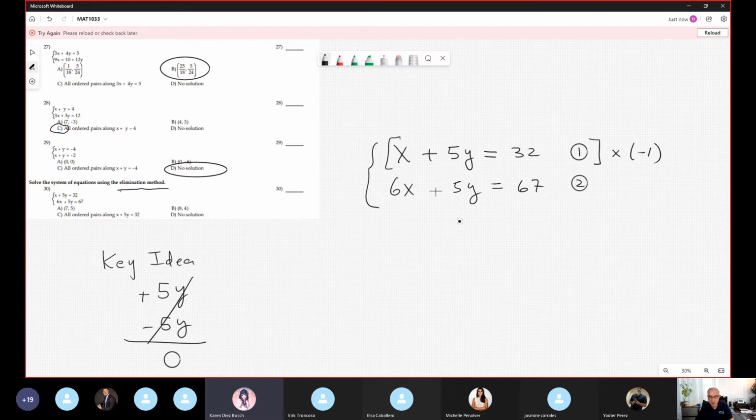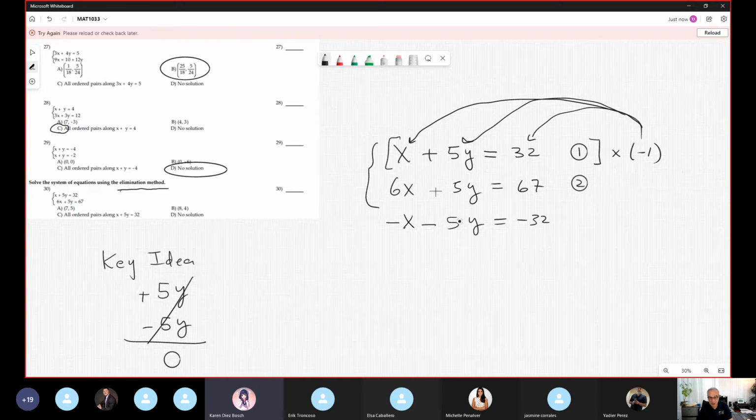Multiplying by -1 gives -x, -1 times 5y is -5y, -1 times 32 is -32, so -x - 5y equal -32. I guarantee you 100% that this is equivalent to the original equation 1.